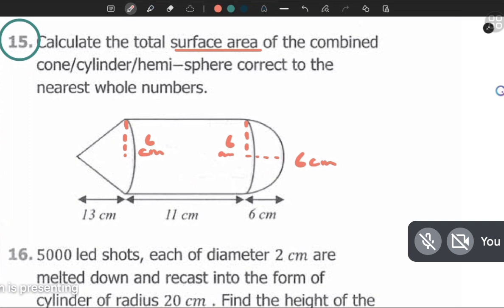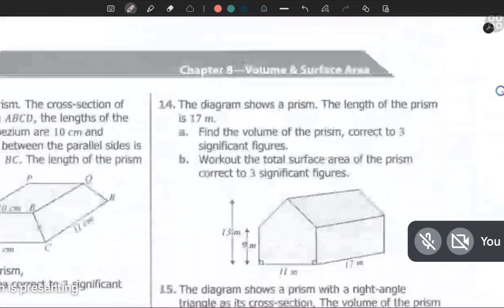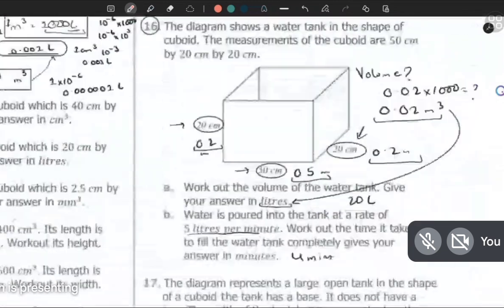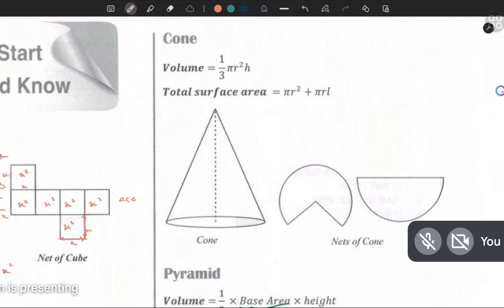Just look at the formula again. For the total surface area of the cone, you don't take pi r square, you take pi r l. Why won't we take pi r square? Because we're not taking out the circle. Yes.